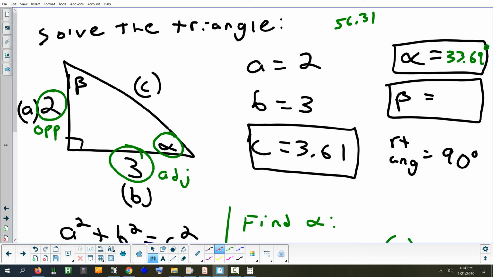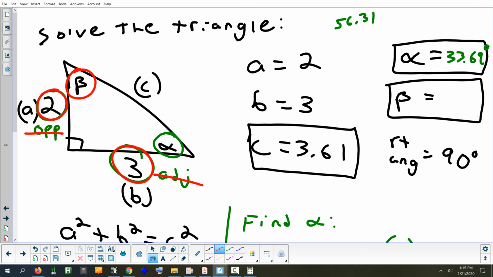So, now let's focus on what's in red. 2, 3, that's what was given, and beta. Okay, so again, I'm using the same two sides, but the names are going to switch. The reason the names switch is because you switched your perspective. It's like left and right.